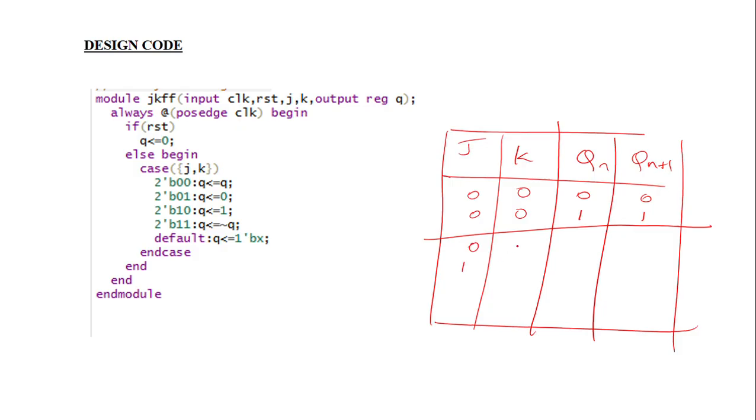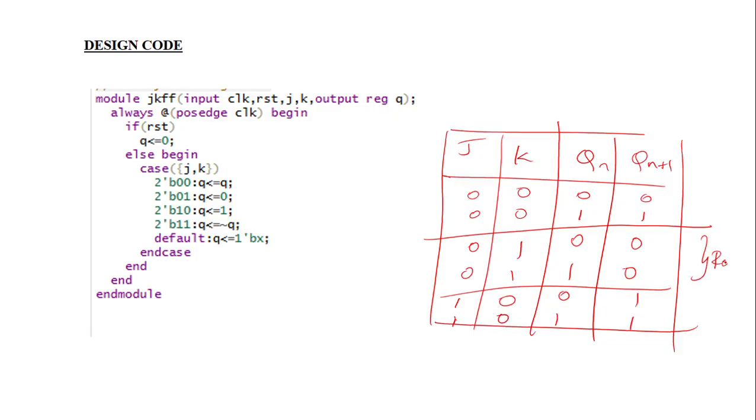For 0 1, sorry, I am making a mistake here, so one minute. So it is the 0 1 combination, so 0 1 0 1. So here the value is the reset state, and 1 0 1 0, and 1 1 is the set state.